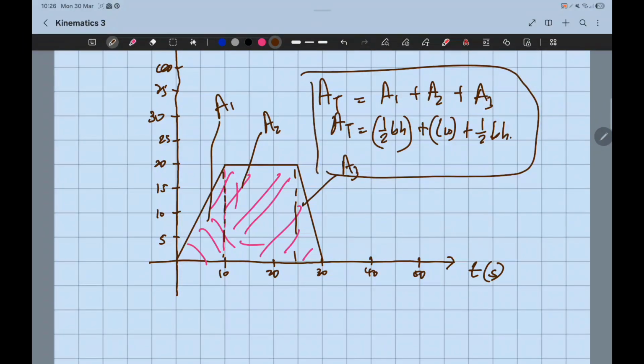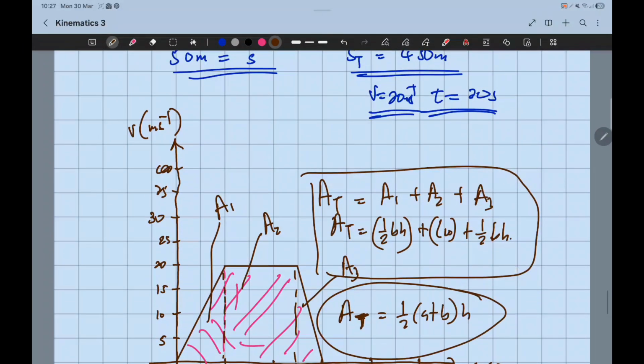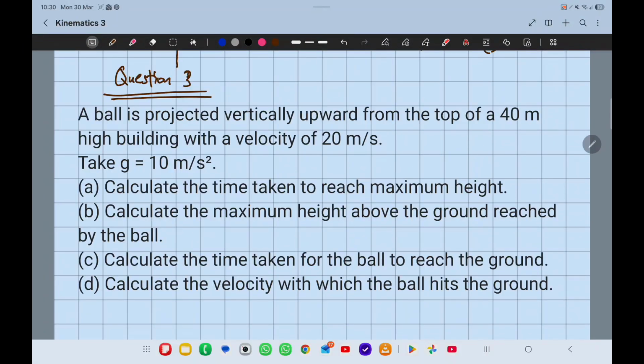Then you can also find the area of a trapezium. Is it a trapezium? What is this shape? Half (a plus b) h can also apply here. So basically this is how you do it.